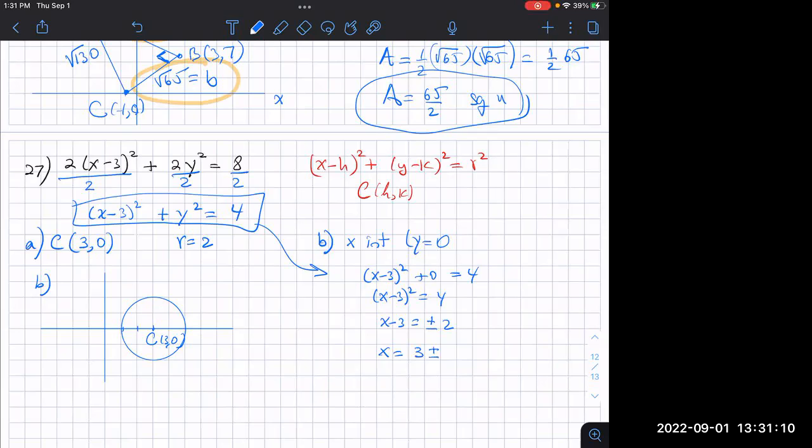And 3 plus or minus 2 gives you either 5 or 1. Very good. There's your 5, and then a positive 1. Okay, any y-intercept?